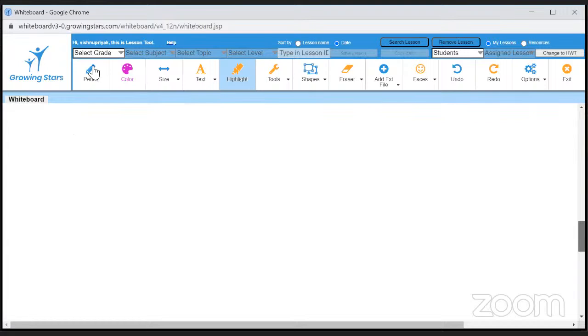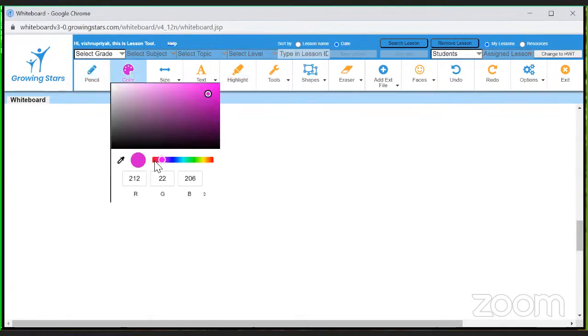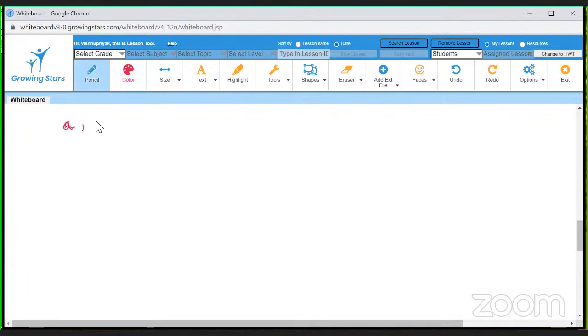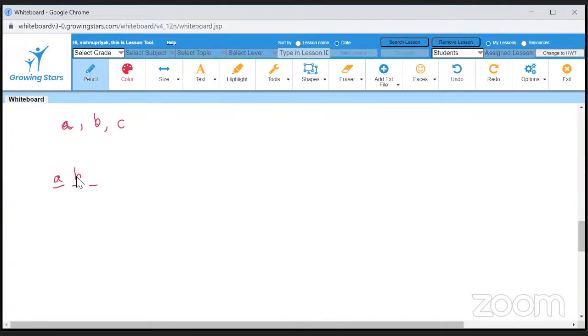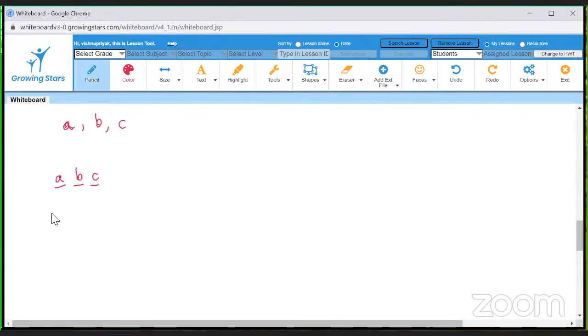Coming to the 15th. Suppose I give you A, B, C, 3 things, and I ask you to take all the 3 things and arrange. In how many ways can you arrange? First, you will take A, B, C and arrange like this.